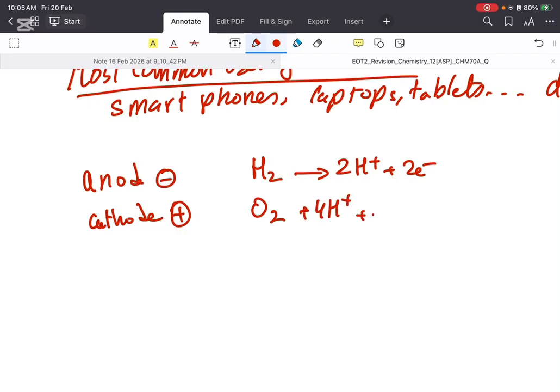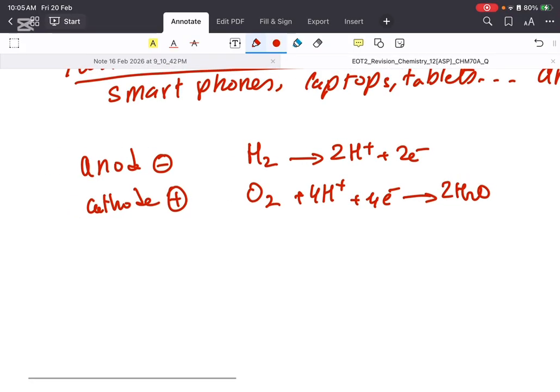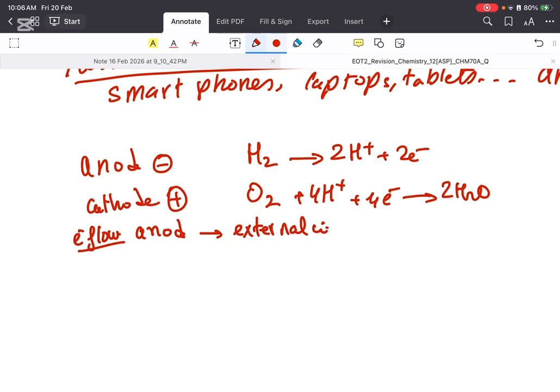So here's the oxidation reduction reaction. It forms water. The electrons in the fuel cell flow from the anode through the external circuit to the cathode, and that's how the electric current is produced.